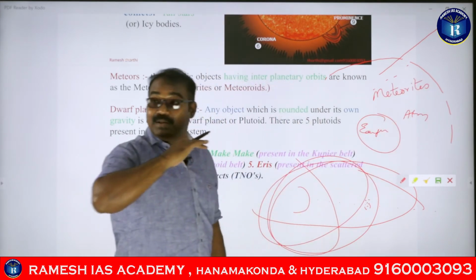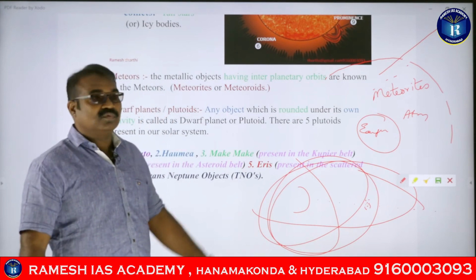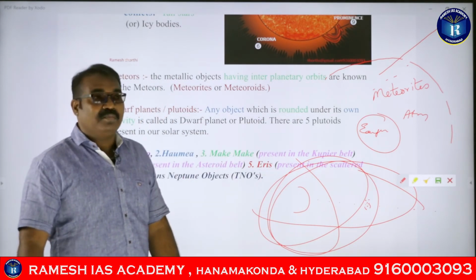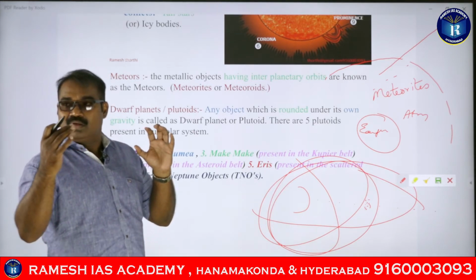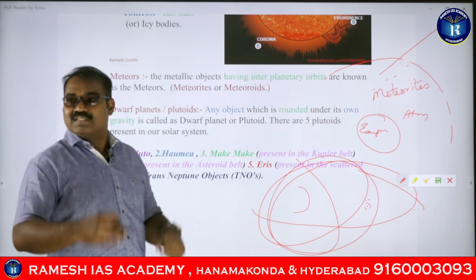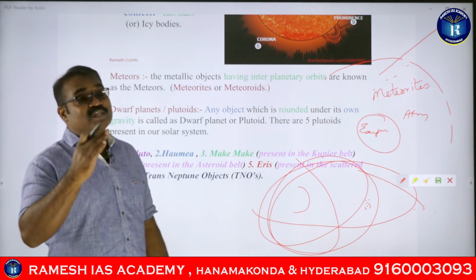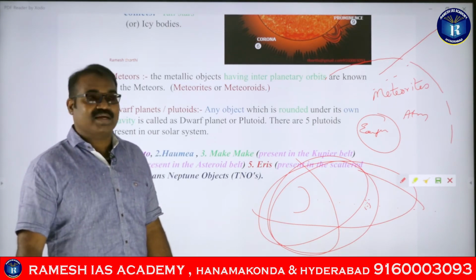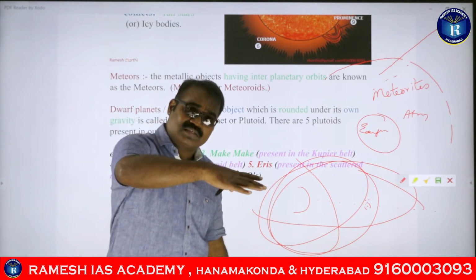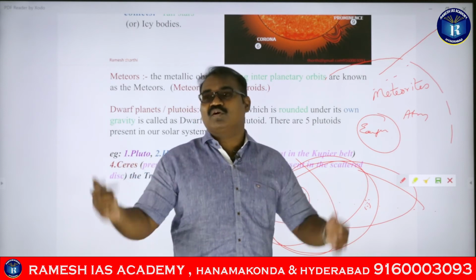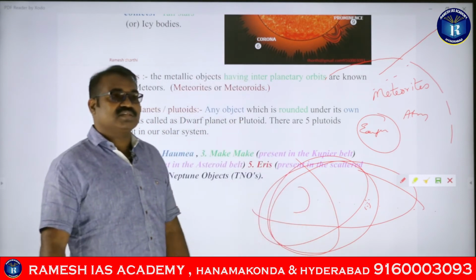When they get completely burnt off within the atmosphere, they are called meteorites, and they come in several hundreds, with speeds of hundreds of kilometers per hour or second. So when they come with maximum speed, the friction causes them to get burned off, guys, right?